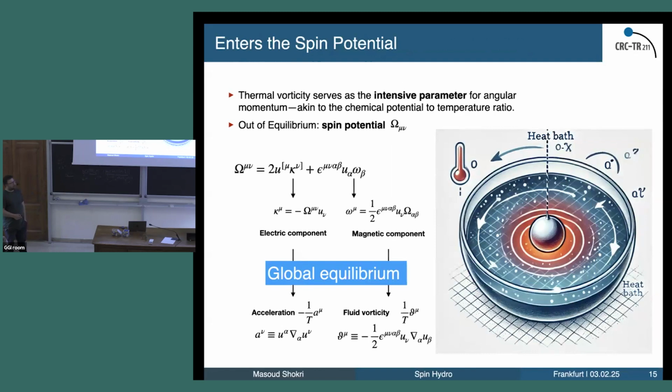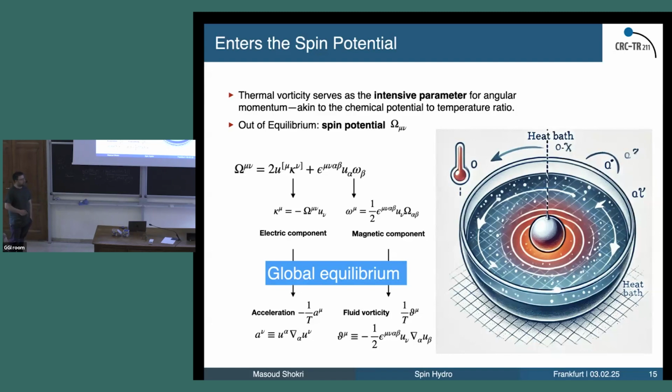But out of equilibrium, this is a dynamical variable, I mean, an independent variable. We call it spin potential. And we believe that this is independent of pseudo gauge or things like that. So basically, this will be the thing that at the end of the day will be related to the observables.